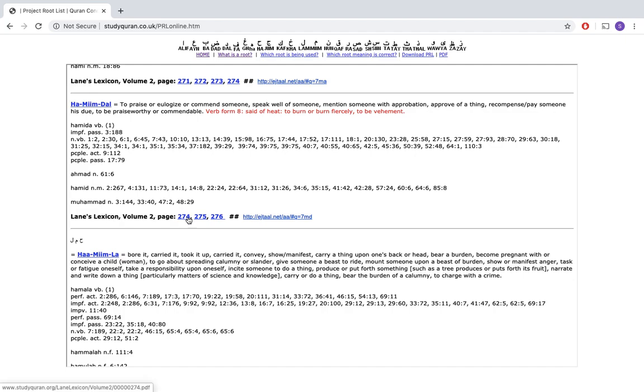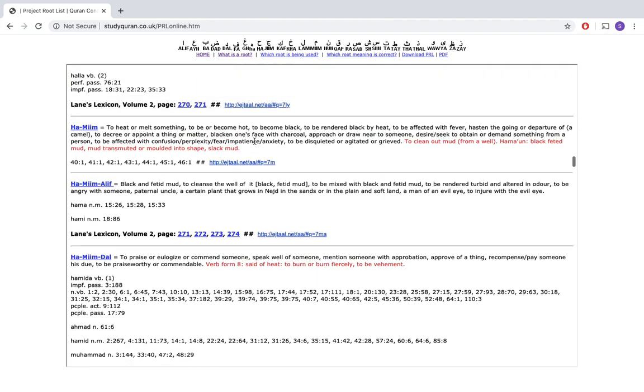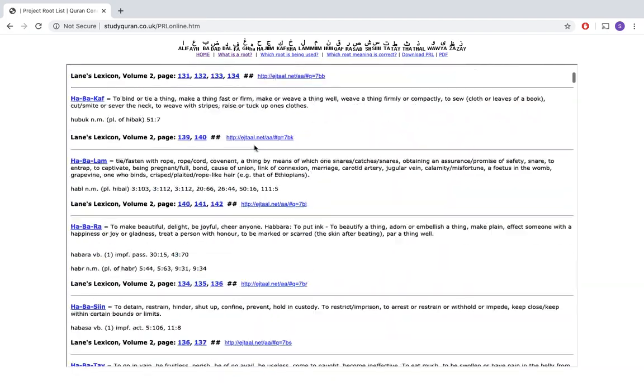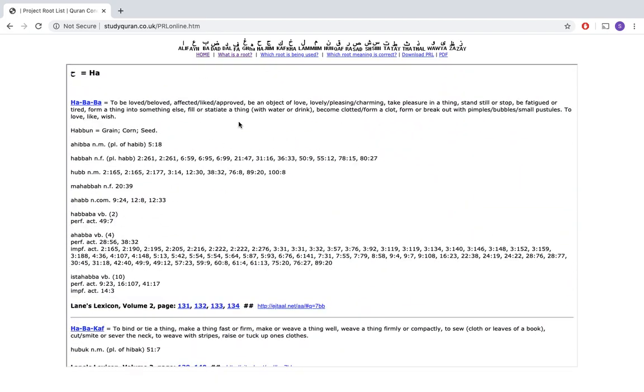He's given you direct links to that, and I think this one's another one that he's using. Anyway, I think this is a good starting point for those who are interested in how roots work and what the roots mean. Obviously this is not 100% done. I think they're at 93%, but this will give you a good starting point.